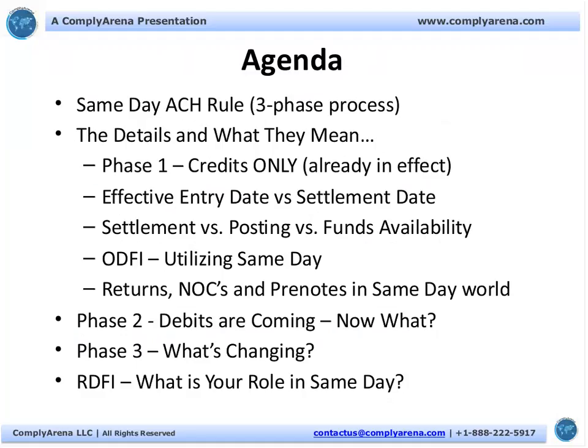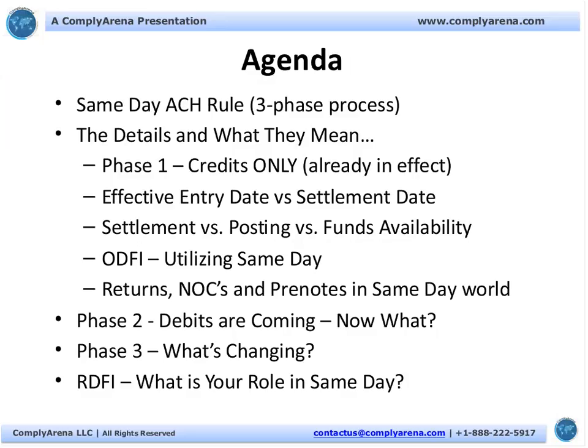But the key points to making this system truly work for the company, or for the ODFI or the RDFI, is to know the difference between an effective entry date and a settlement date. These are the technical pieces of same-day ACH: settlement, posting and funds availability.